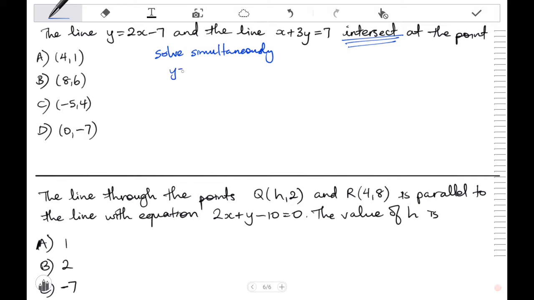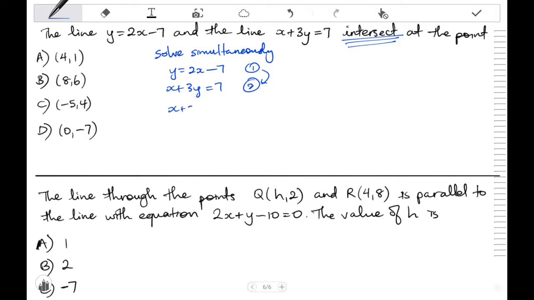So y equals 2x minus 7 and x plus 3y equals 7. Equation 2.